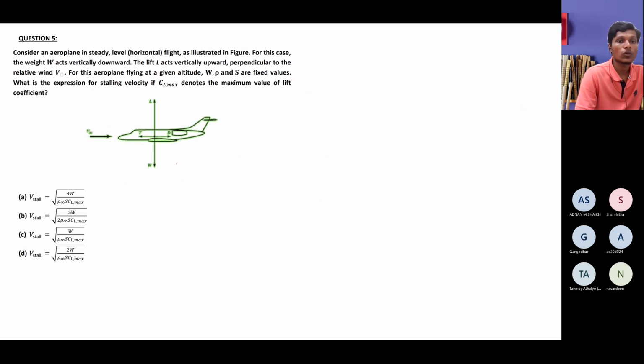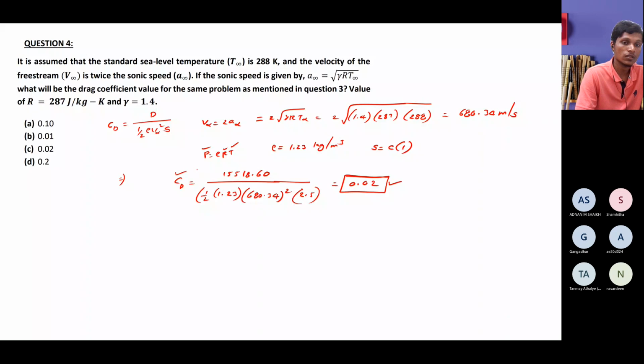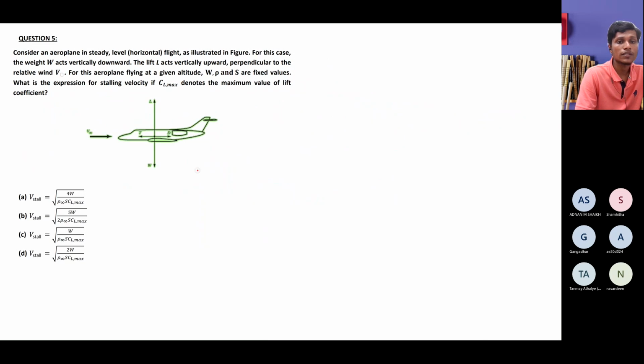Here is a question from the steady level flight. We already saw the steady level flight equations in our introduction at the beginning of this class. Let's consider an airplane in steady and level horizontal flight as illustrated in the figure.